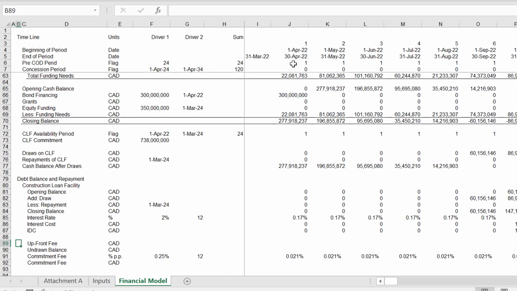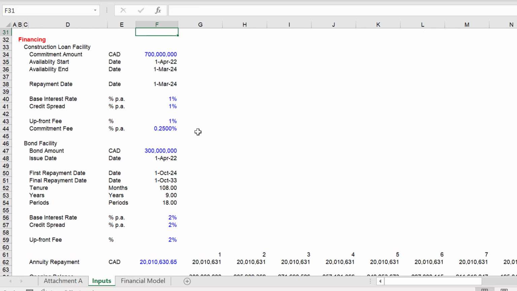And then those nice people said, well, we'll put a commitment fee. Now for this commitment, I have 730,000. I'm going to put 738.